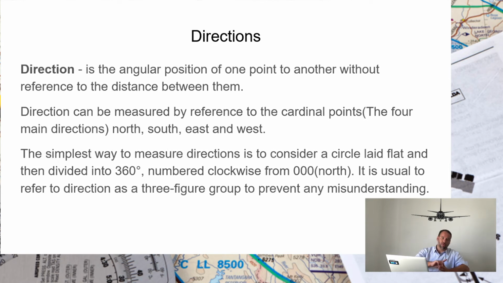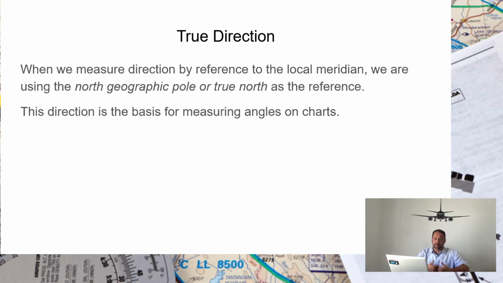The number is measured clockwise from 000, which means north. It is usual to refer to a direction as a three-figure group to prevent any misunderstanding. Perfect. Pretty much like Portuguese. When we measure direction by reference to the local meridian, we are using the north geographic pole, or true north, as the reference. The direction is the basis for measuring angles on charts.